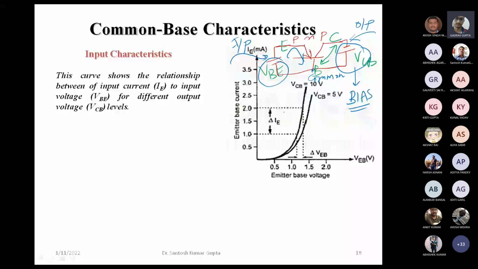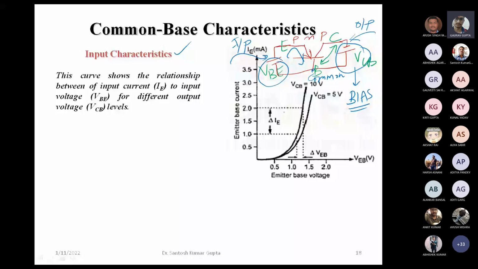So we are just looking here first at the input characteristic. In the input characteristic, we can see here that the input side biasing voltage is VBE. Sometimes this is also called VEB, because this voltage is applied between emitter and base.